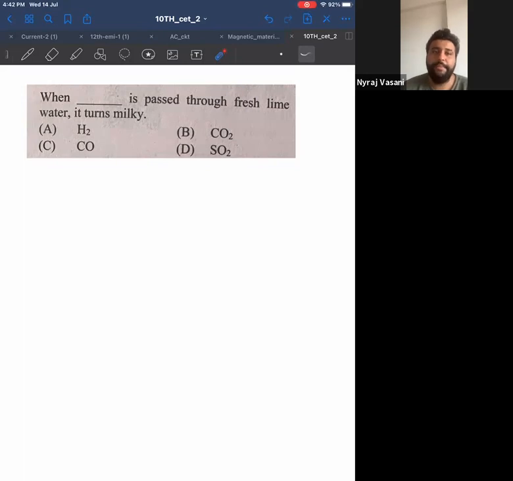Okay. Fresh lime turning milky. Who is responsible for fresh lime turning milky? Very, very common question. Neeraj, excellent answer. Very good. Kanav, try again. Aman, try again. Swayam, correct. Very good. Krish, try again. Rohini, correct now. Good. Kanav, now it's correct. Good. Aman, try again. Divya, try again. Samriddhi, correct.